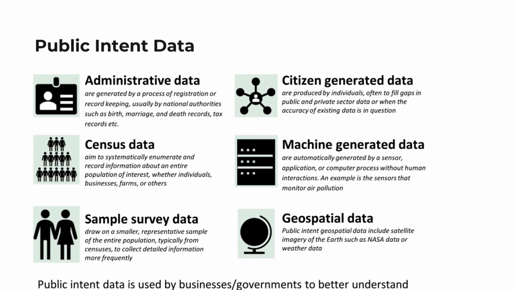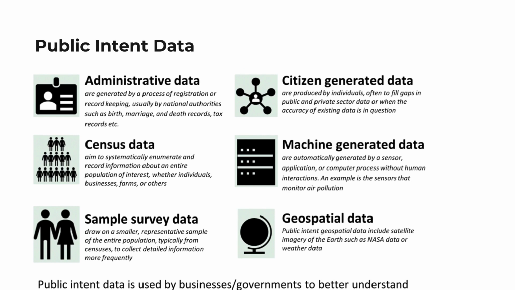And this can be done by, say, national authorities or national statistical offices. It can also be done by other government organizations that require you to register for certain services like birth, marriage, or even death and tax records.